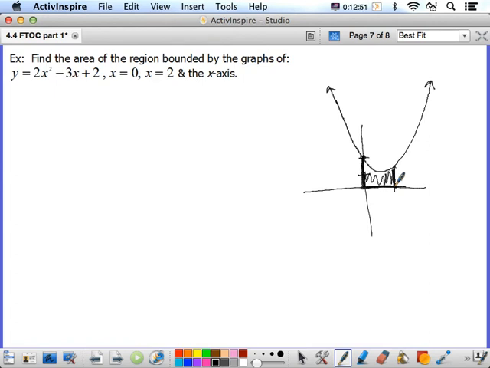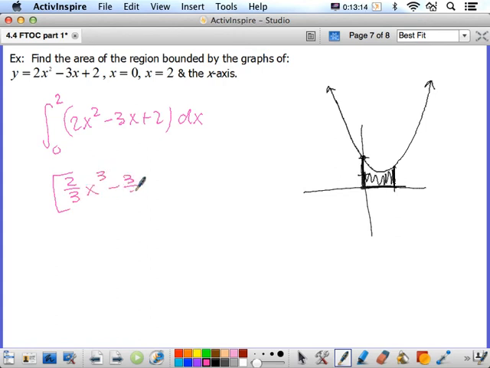Okay. So now we're going to integrate our main function, 2x squared minus 3x plus 2 with respect to x, because we are trapping by the x-axis. And we're just going to go from 0 to 2. So what's the integral? 2/3 x cubed minus 3/2 x squared plus 2x, right guys? From 0 to 2.